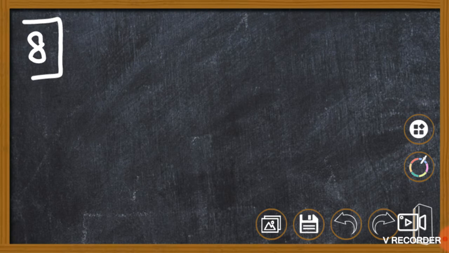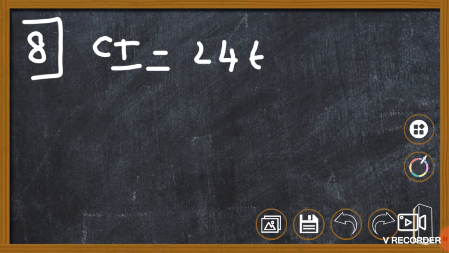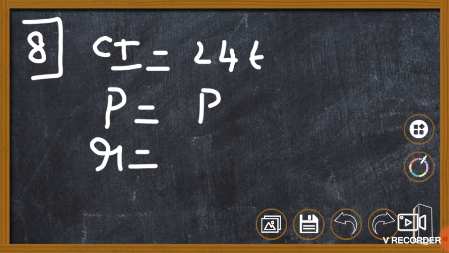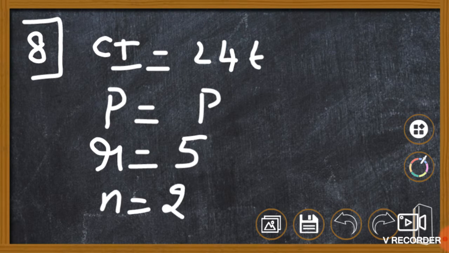It is said in the question that the compound interest is given as 246, which is calculated on a certain sum of money where P is unknown, the rate of interest is 5% and N is 2 years. So, if the same principal sum is invested in simple interest, we have to calculate what is the simple interest.